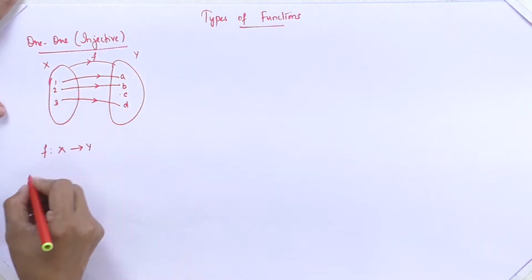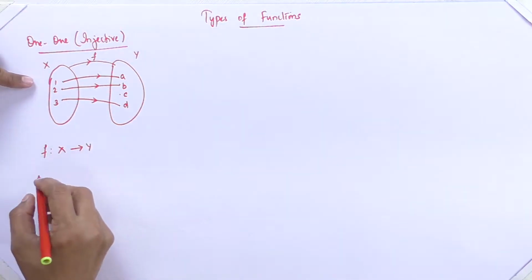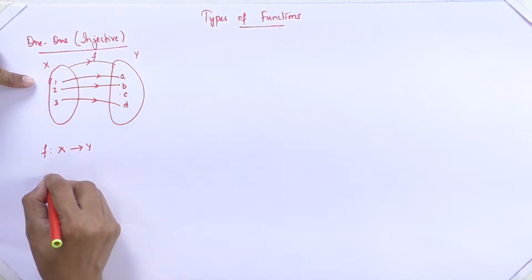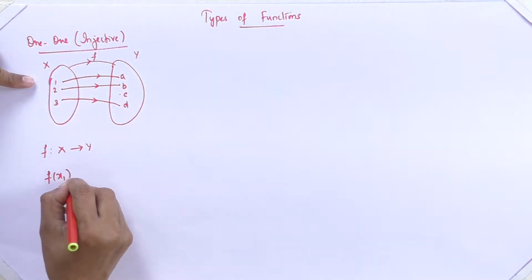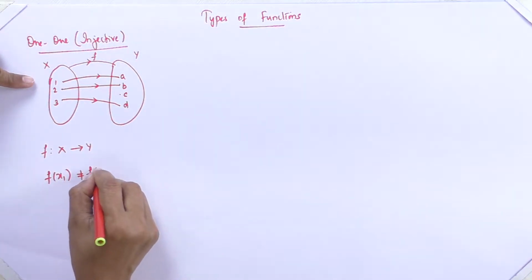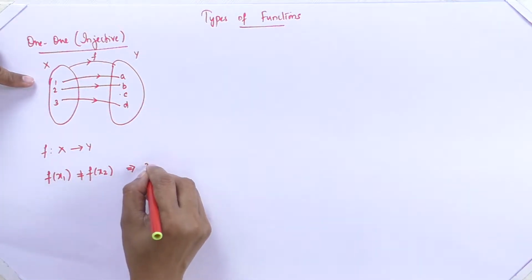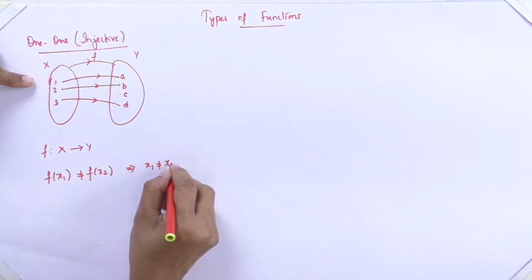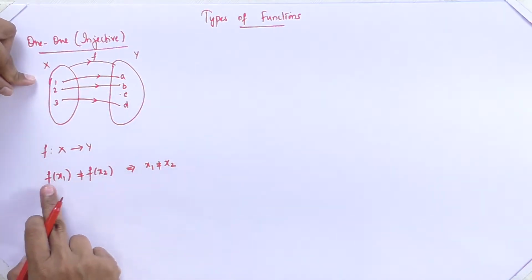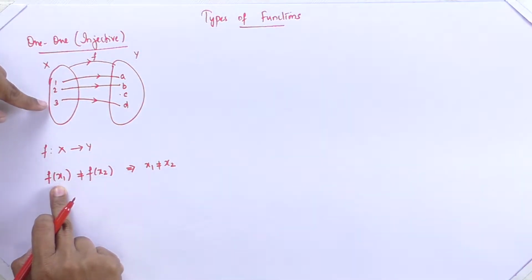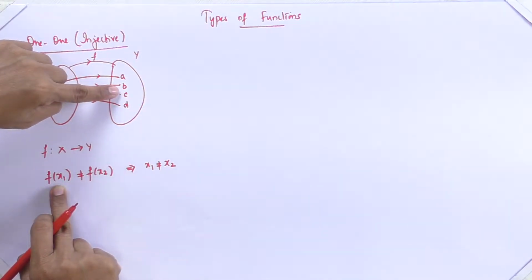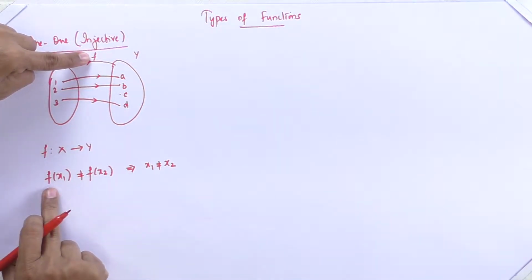The next way is that if we assume f of x1 is not equal to f of x2, then this should imply x1 is not equal to x2. Here x1 is an element in the domain set, and this will be mapped onto the codomain set under the function as f of x1.